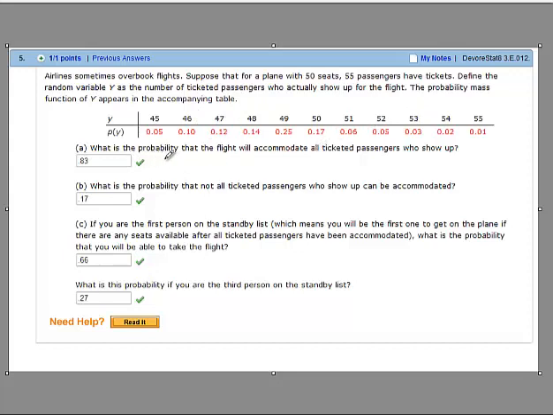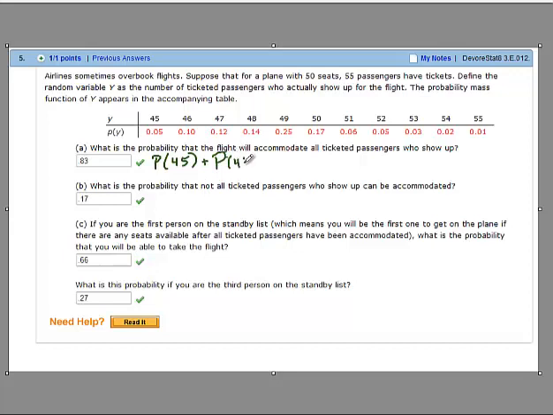So the first question asks, what's the probability that the flight will accommodate all of the ticketed passengers who show up? So that means probability that 45 show up plus, because if 45 show up, it works. Everybody gets a seat.